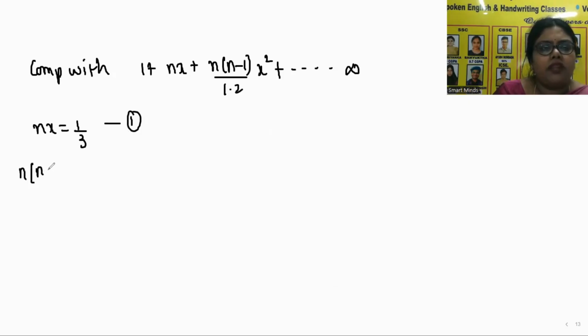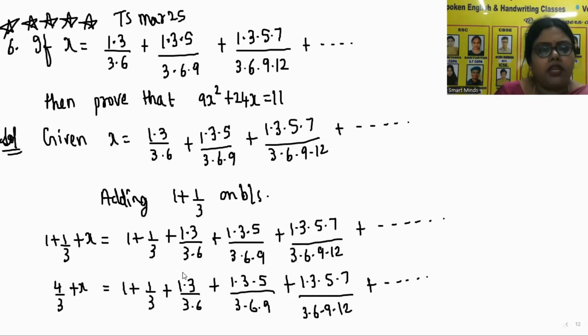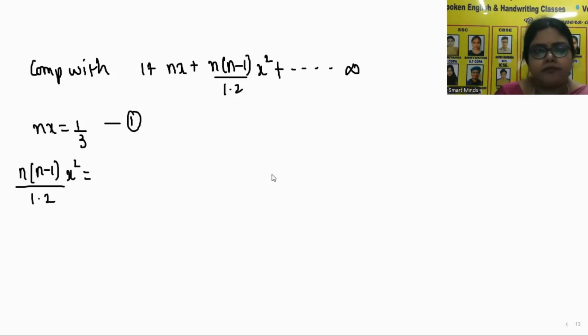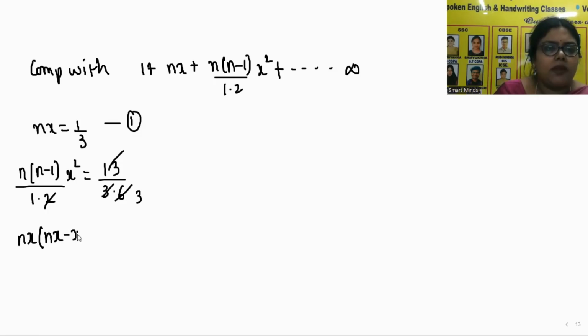And in the place of n into n minus 1 by 1 into 2 into x square, you have 1 into 3 by 3 into 6. The 3s cancel, so that will be nx into nx minus x is equal to 1 by 3.